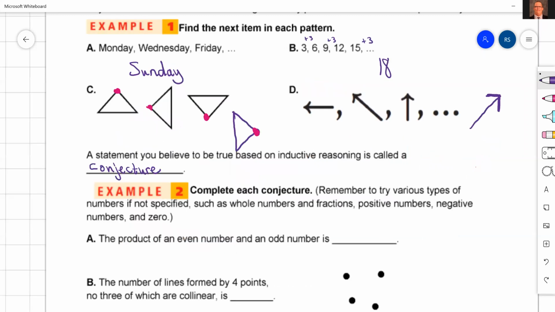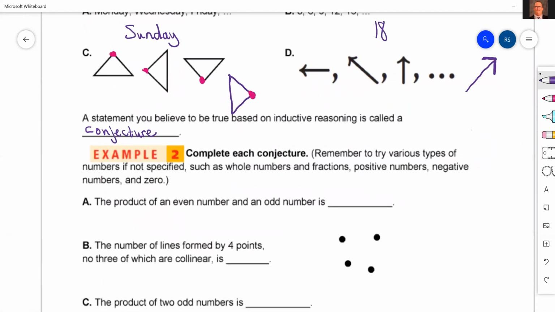Let's look at A. So they have to try to fill these in. The product of an even number and an odd number is blank. Well, let's see what happens, and it gives us this hint.